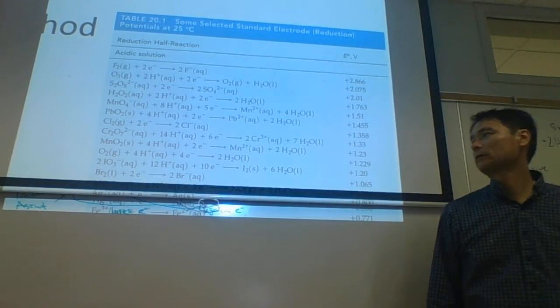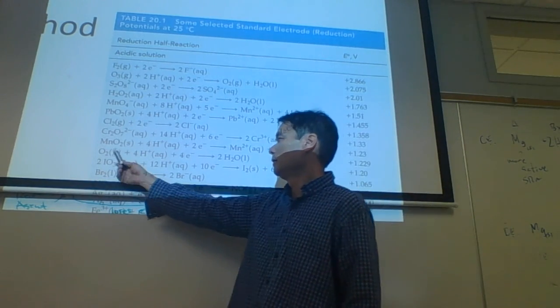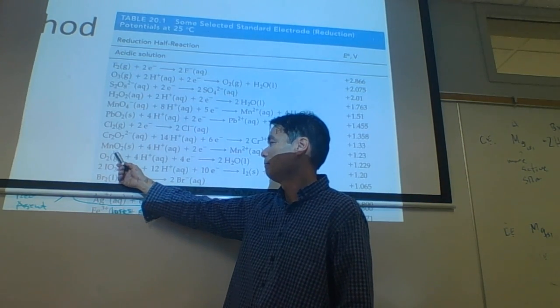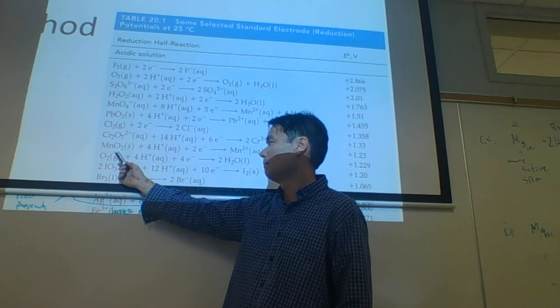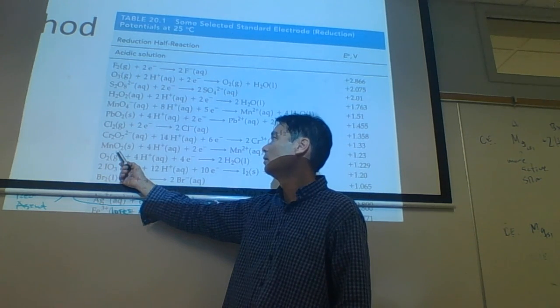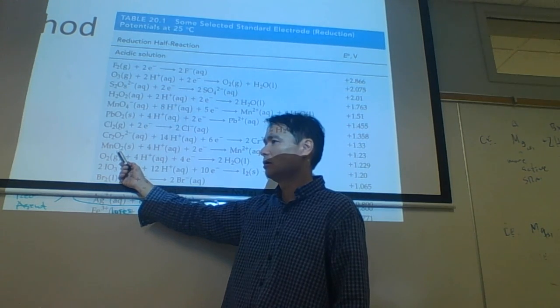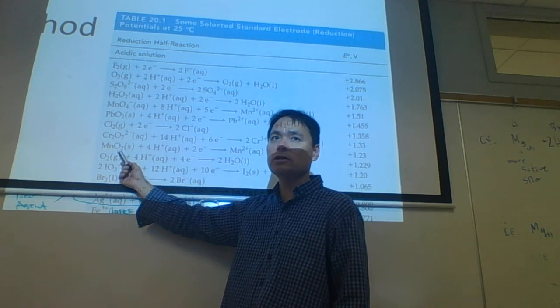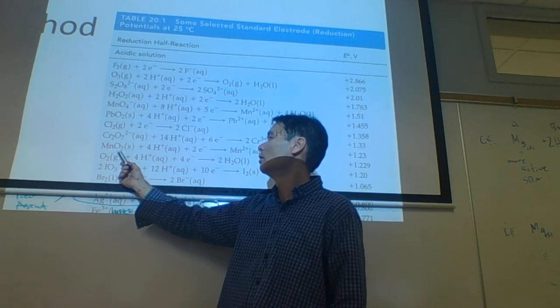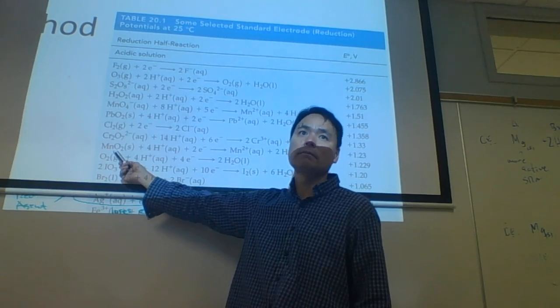MnO2? Manganese? Is manganese fixed charge or variable charge? No, variable. Magnesium's fixed charge. Manganese is variable charge. Manganese 4 oxide.